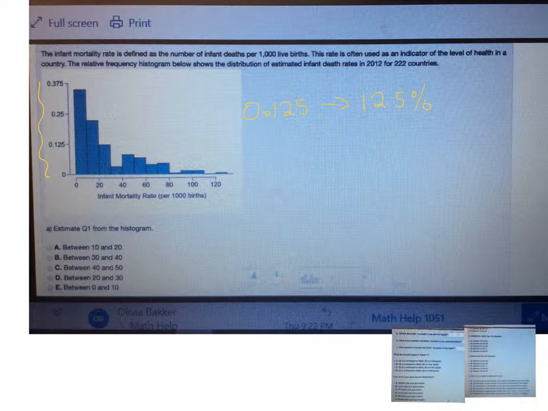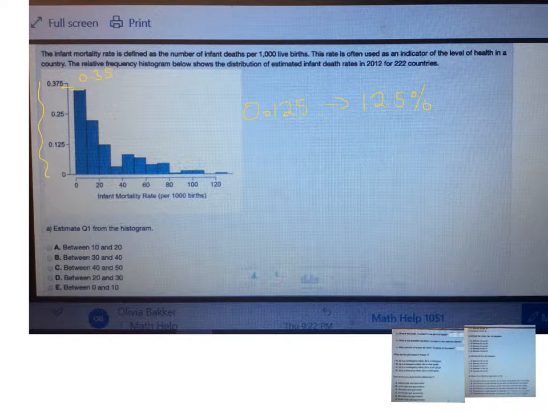And that's what they're asking in all of these questions, for you to read that information from the graph. Now, it does make it a little bit harder because right here we can't actually see where this bar comes to. We can only estimate that it's probably 0.35 or 35% of your population represented there.